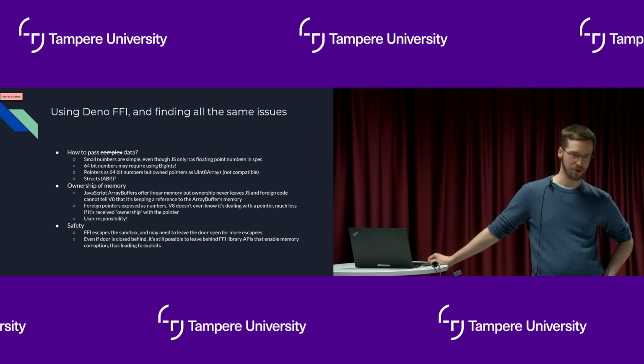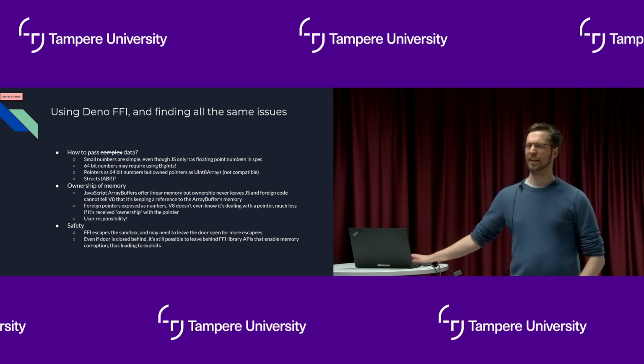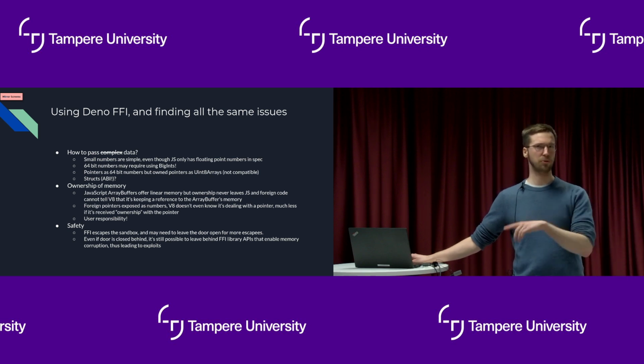So earlier I said that numbers are simple. Well, sort of, kind of. JavaScript has a single number type, the same floating number type that Rust has, F32, F64, or F64 specifically. So, okay, passing floating points should be simple. We just pass the number value.